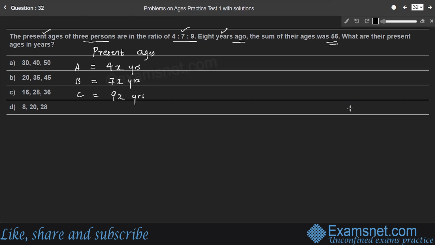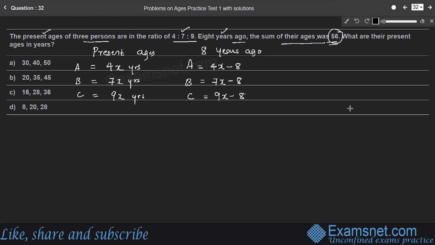8 years ago. So we'll consider their ages 8 years ago. So A's age was his present age minus 8, B's age was 7x minus 8, C's age was 9x minus 8. And the sum of their ages 8 years ago was 56.